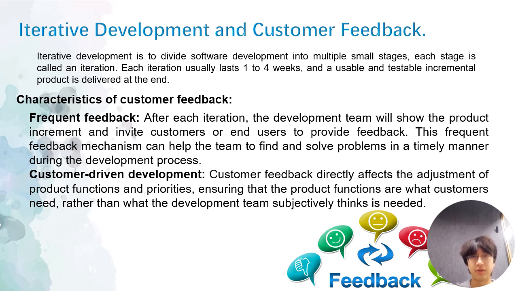And customer-driven development is another characteristic. Customer feedback directly affects the adjustments of product functions and priorities, ensuring that the product functions are what customers need, rather than what the development team subjectively thinks is needed.